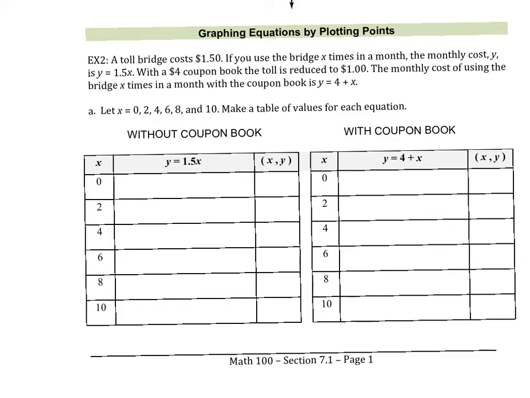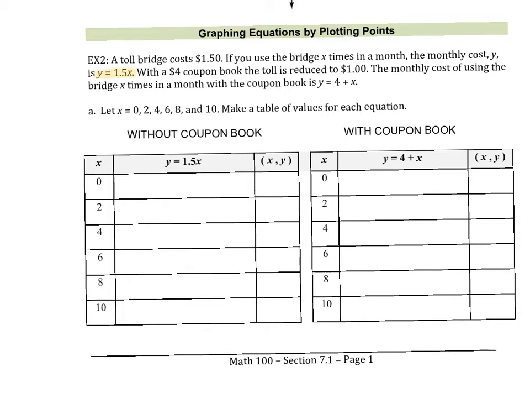If you use the bridge X times in a month, the monthly cost Y is the equation Y equal to 1.5X. So remember, X is how many times you use the bridge. Y is the monthly cost. So you see if X is 0, your monthly cost would be 0.